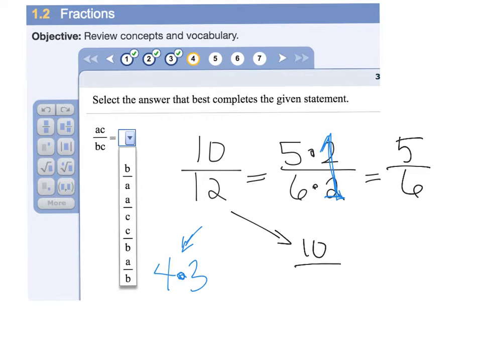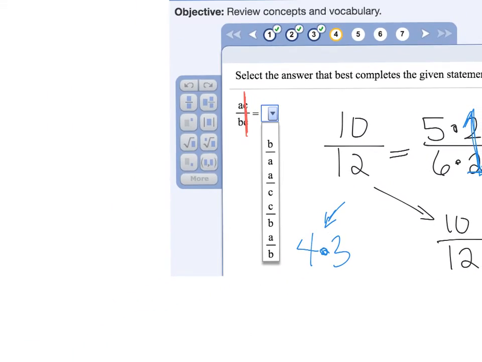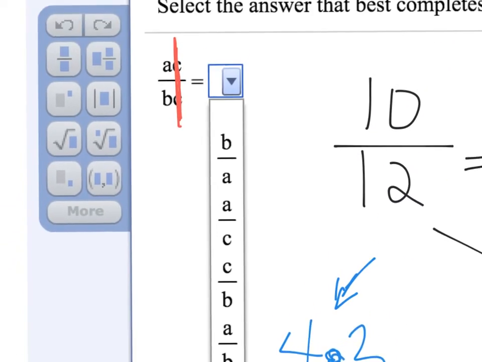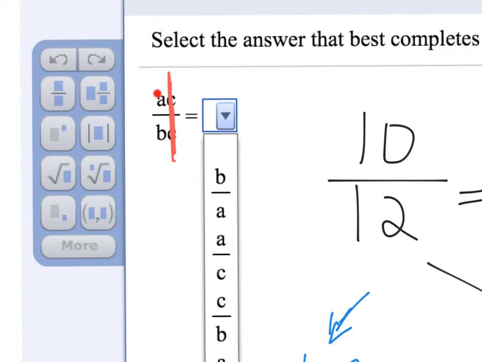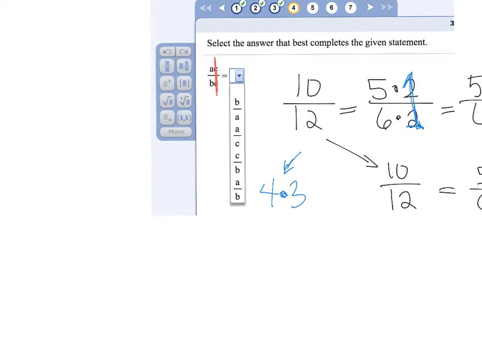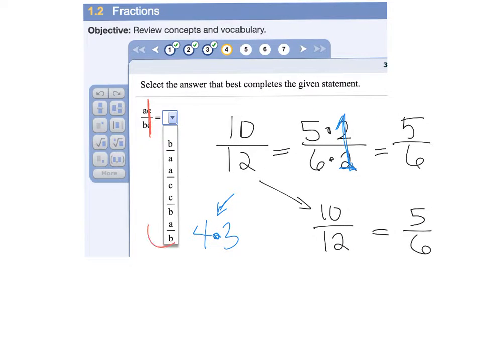That means 10/12 is equal to 5/6, because that common value gets kind of like crossed off. So here, those common values of c get crossed off, and so what are we left with? We're left with just the a over b, and so that is our answer for this problem, which is right here.